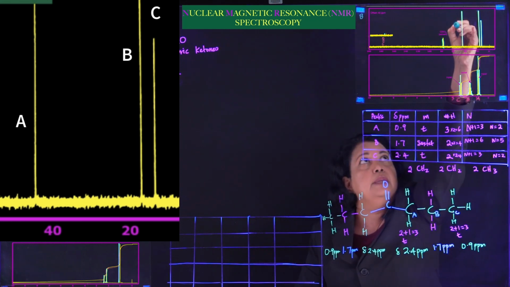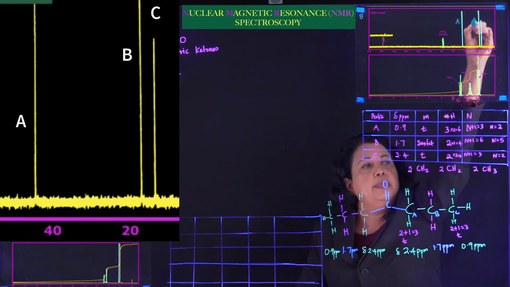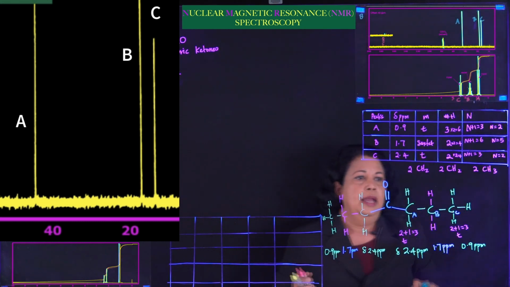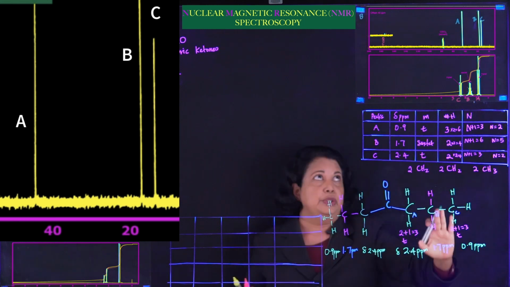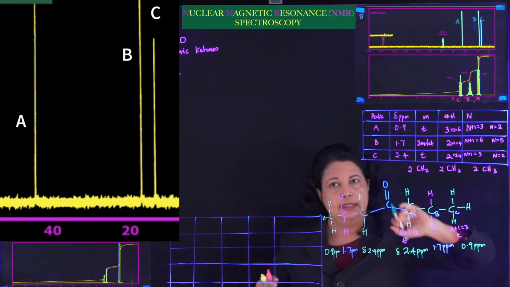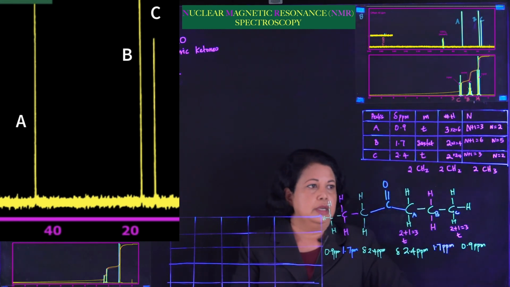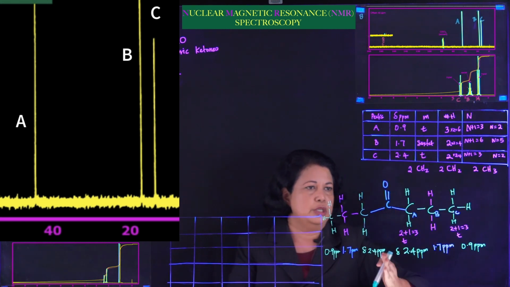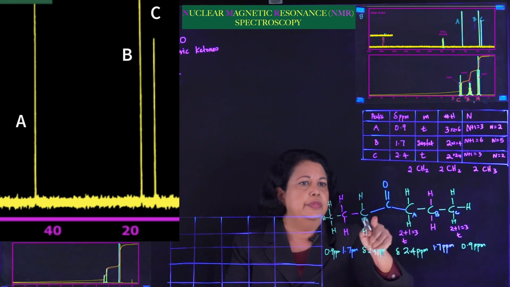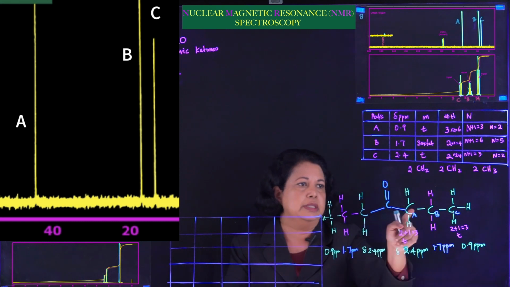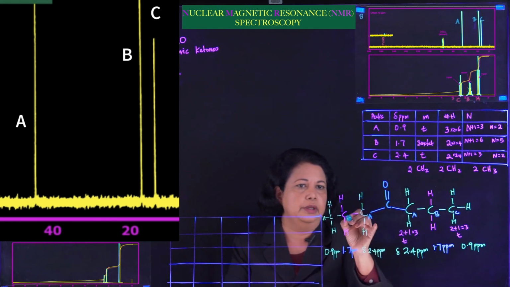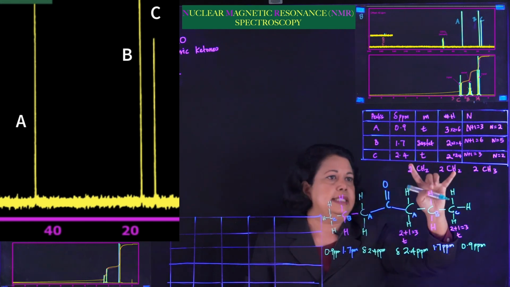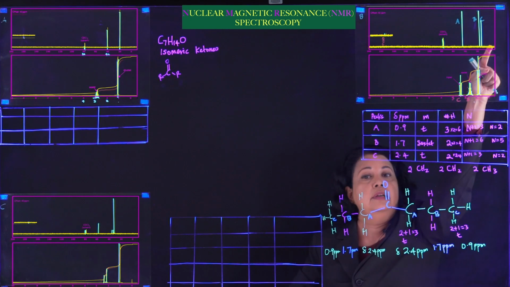So this is going to be A, B, and C. And we know primary is going to also have the lowest delta for carbon 13. And since this is exactly symmetric along this line, the machine cannot tell the difference between this and this. So these are going to be identical, which is why you have 3 peaks instead of 6 here.